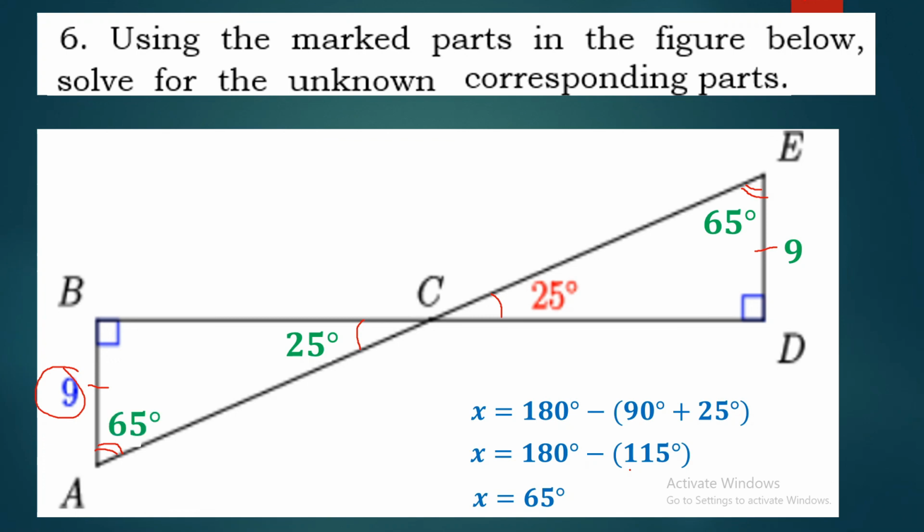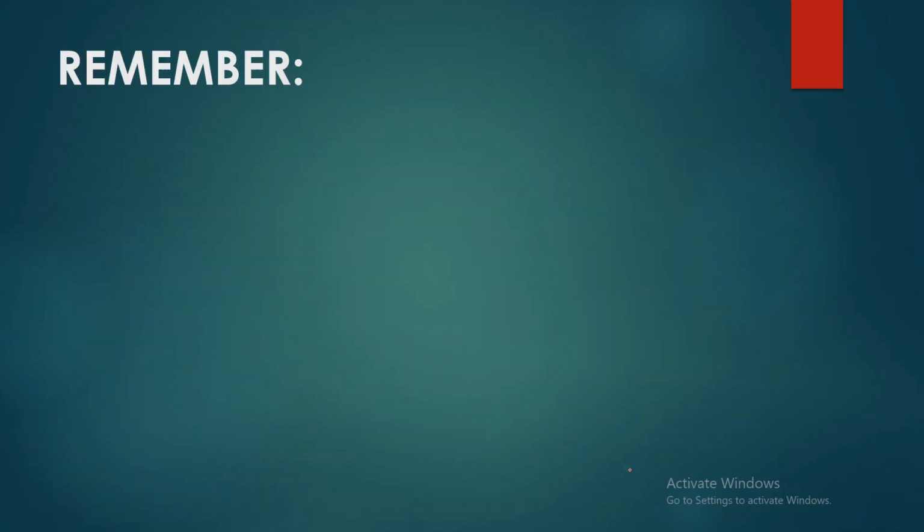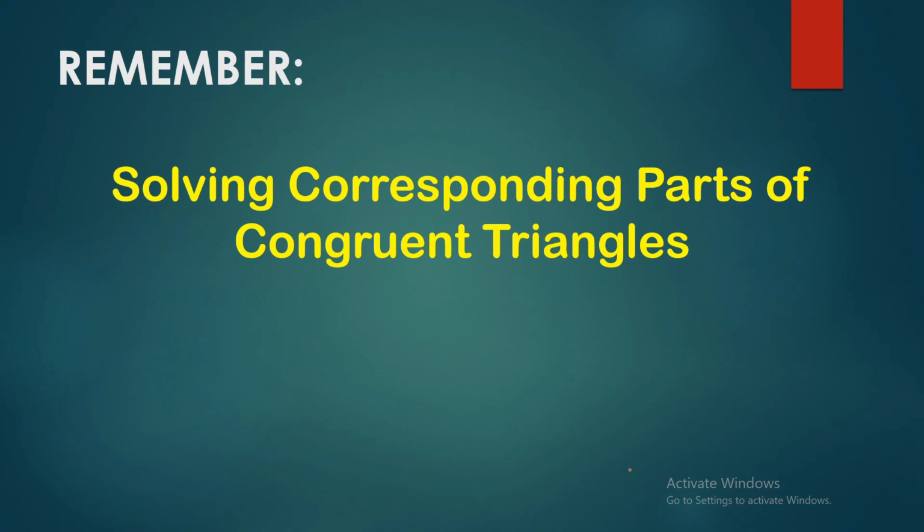So that ends now our illustrative examples in solving the corresponding parts of congruent triangles. But before we end this video, remember that in solving corresponding parts of congruent triangles, you have to bear in mind the CPCTC, or corresponding parts of congruent triangles are congruent.